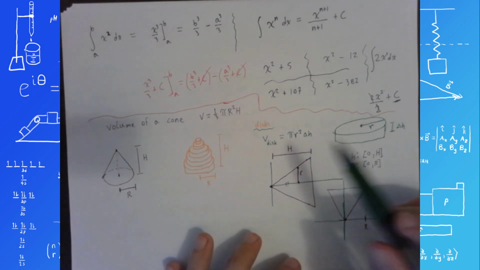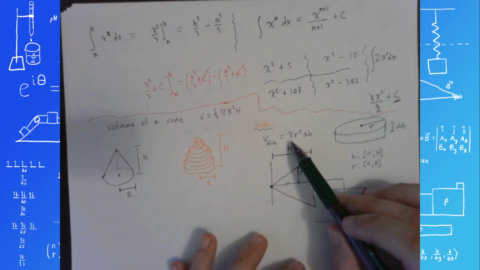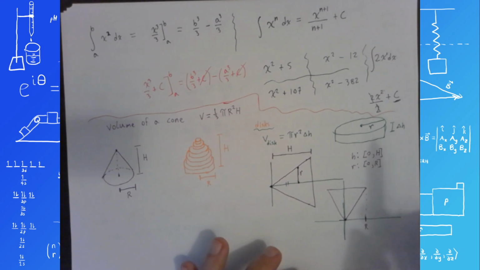So the volume of an individual disk is equal to pi r squared times delta h. If I were to... my mind is drawing a blank. I even rehearsed this. Man, after all that prep time.